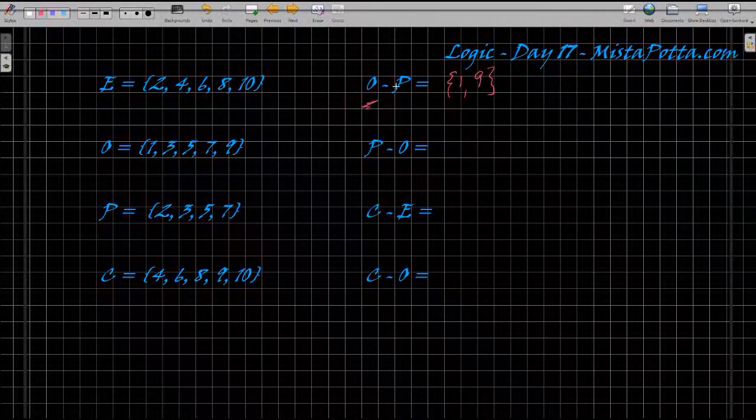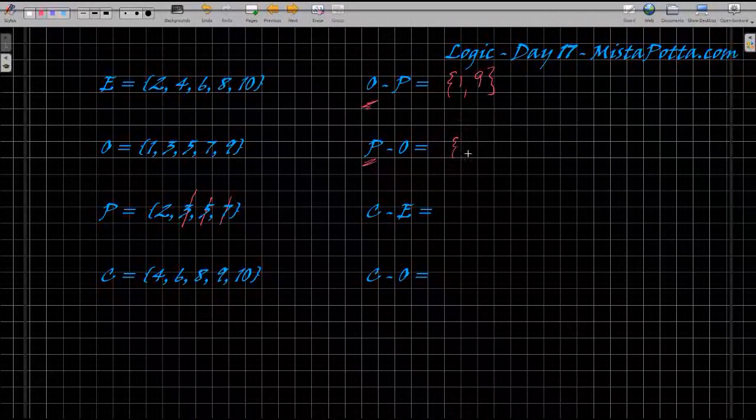But if I started with P, I'm starting with this set and taking away the things that show up here. So I'm taking away a 1. There's no 1. I'm taking away a 3, so that's gone. I'm taking away a 5. I'm taking away a 7. I'm taking away a 9, but there's no 9 to remove.